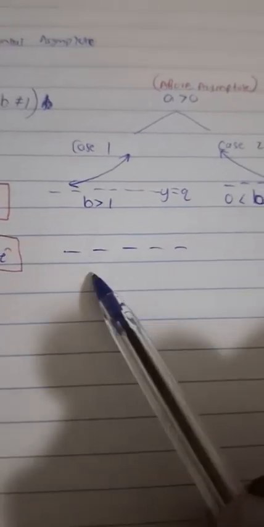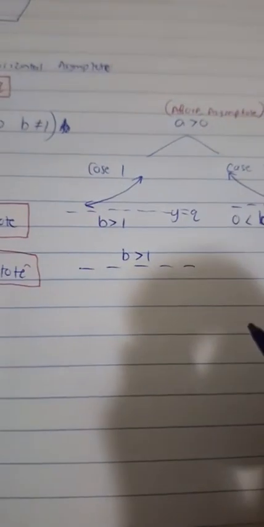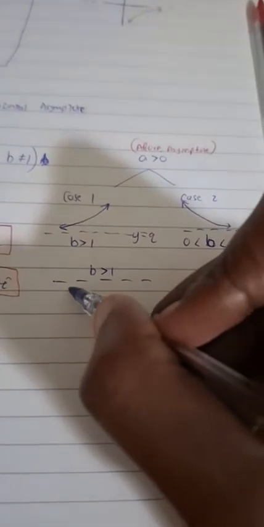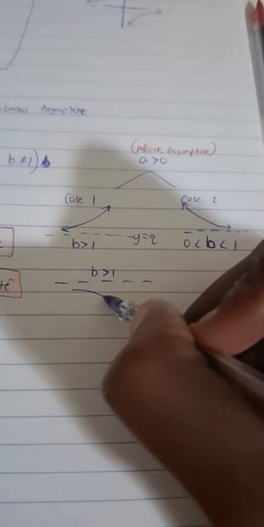When a is less than 0, but at the same time b is greater than 1, then the function is like this.